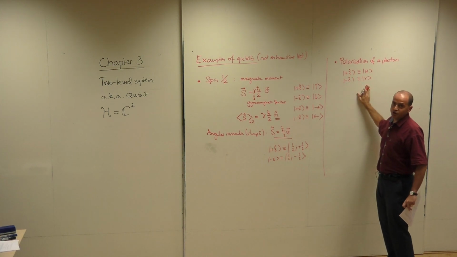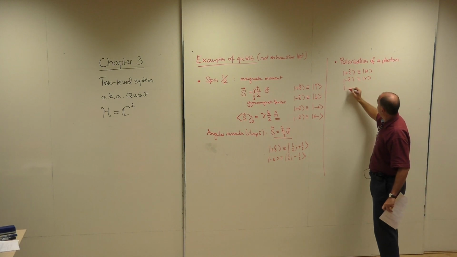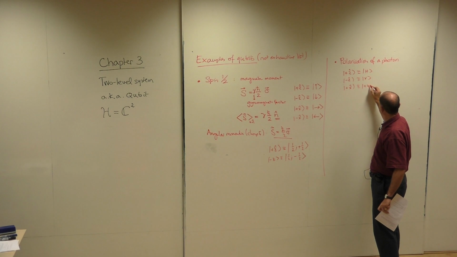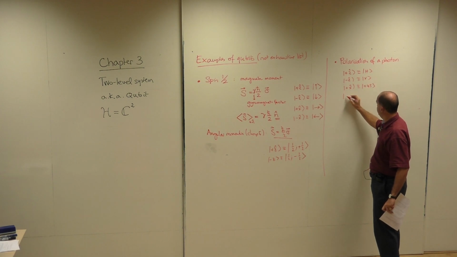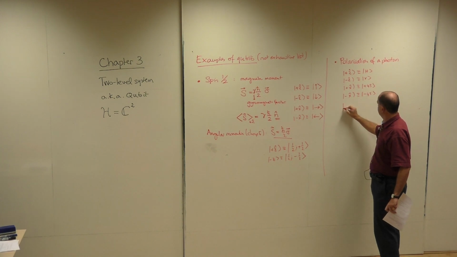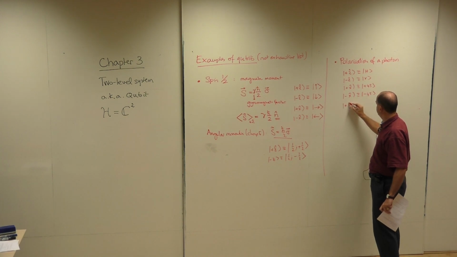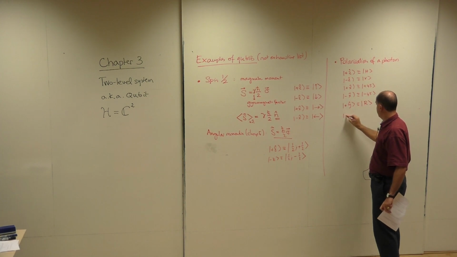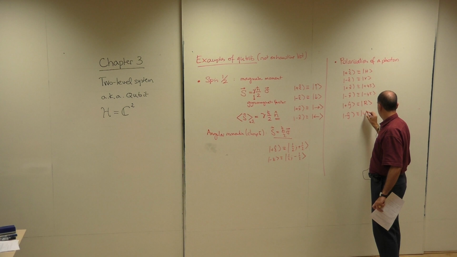This one has a nice interpretation for all the directions as well. What you call plus x is usually plus 45 degrees, or diagonal polarization, linear, minus x, linear, minus 45. Then what are plus y and minus y? The plus y would be circular right, and minus y would be circular left.